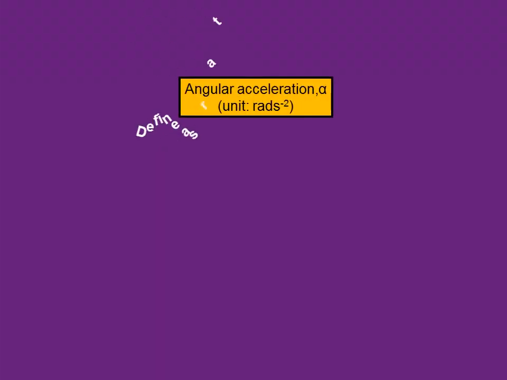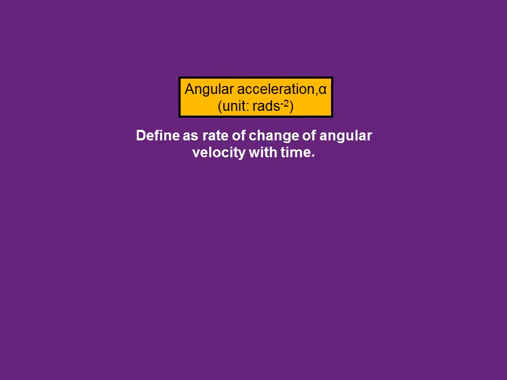Angular acceleration. The angular acceleration is defined as the rate of change of angular velocity. The symbol for angular acceleration is also a Greek letter, and we pronounce it as alpha. If the angular velocity of the disk is not constant, the disk has angular acceleration. Let omega i and omega f be the angular velocities at initial time and final time.